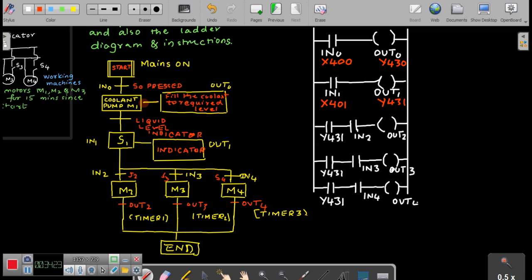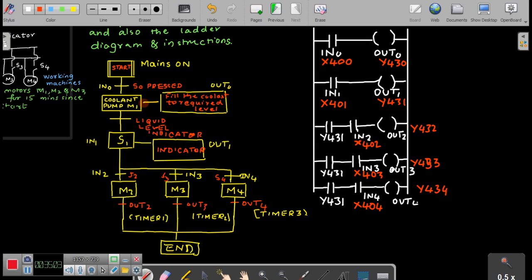We can write in terms of X402, X403, and X404. So these will be Y432, Y433, and Y434.